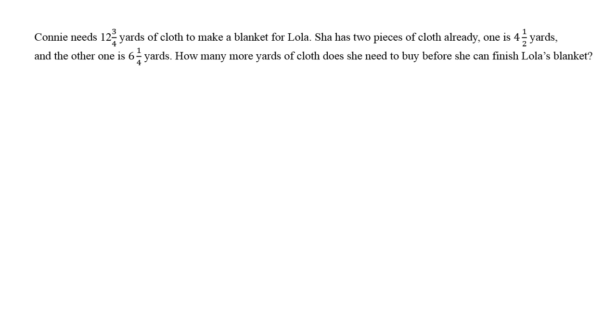So the good thing about mixed numbers here is that 12 3/4 yards, it really means 12 plus 3/4. Okay, and this is how much I already have. I need to know how much more I need to finish, so I'm going to subtract these numbers from the 12 plus 3/4.